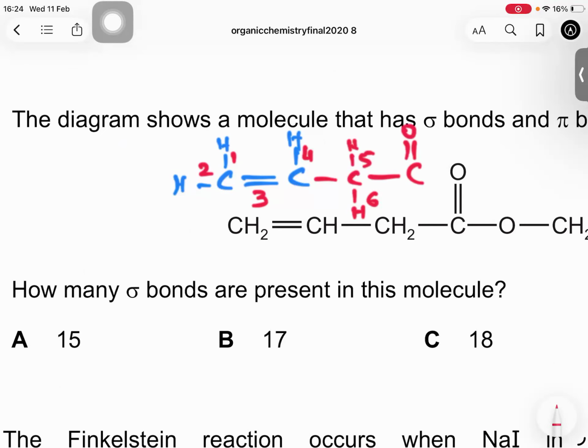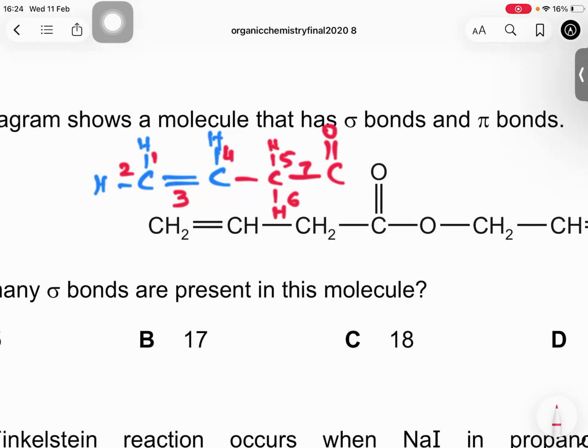Then further, C double bond O, then this is 7. So did we count with 8? Yes, 7 and then 8.